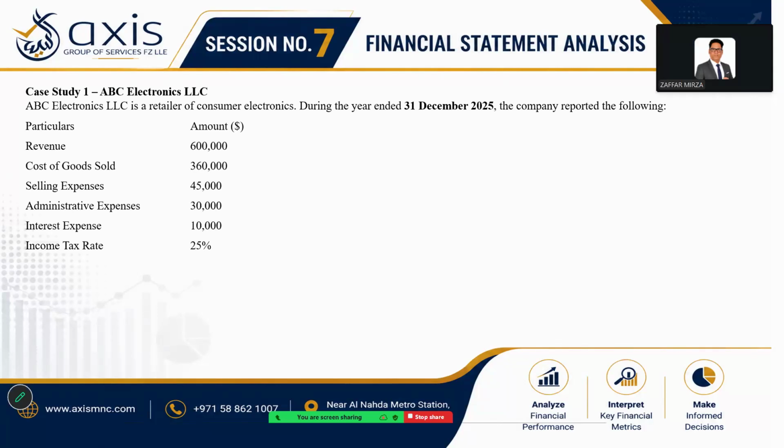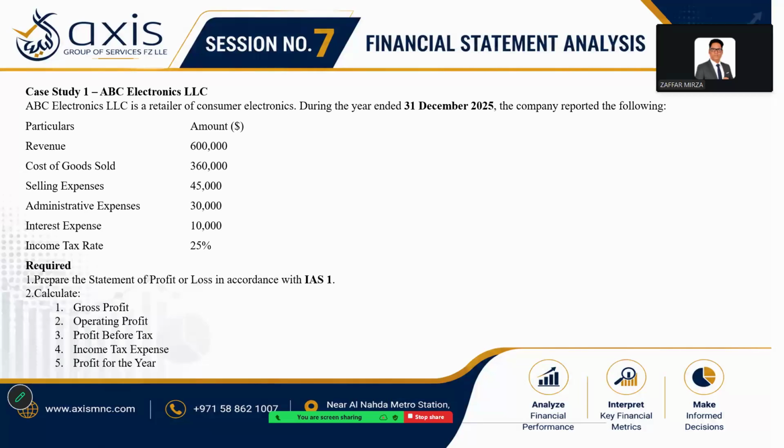Revenue 600,000, cost of goods sold 360,000, selling expenses 45,000, administrative expenses 20,000, interest expenses 10,000, and income tax rate is 25%.